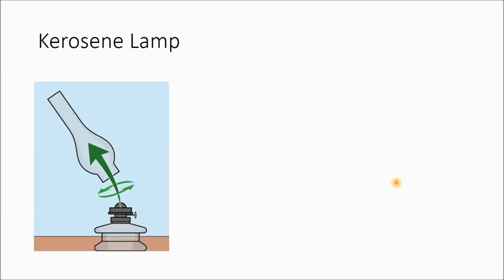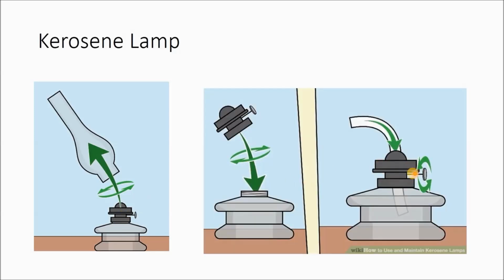Looking at the kerosene lamp, this is the chimney, this is the reservoir, and this is the operating instrument.